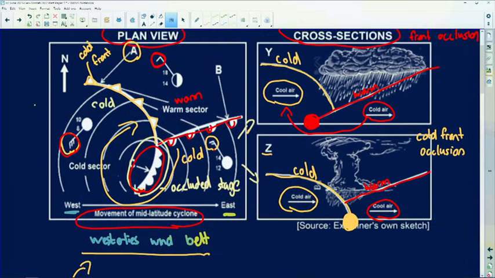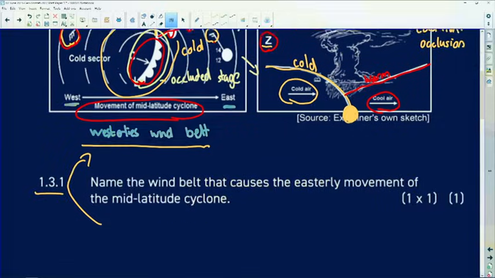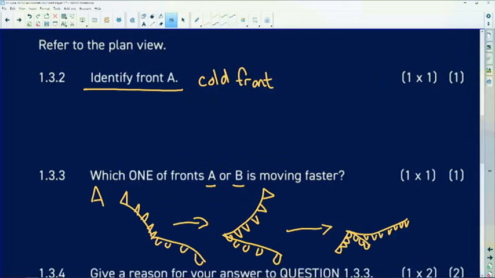So the question states 1.3.6. And the correct answer is the cold front occlusion is Z, situated over there. How do we know it's a cold front occlusion? The air behind the cold front is colder than the air in front of the warm front, and the cold front attaches itself to the surface.